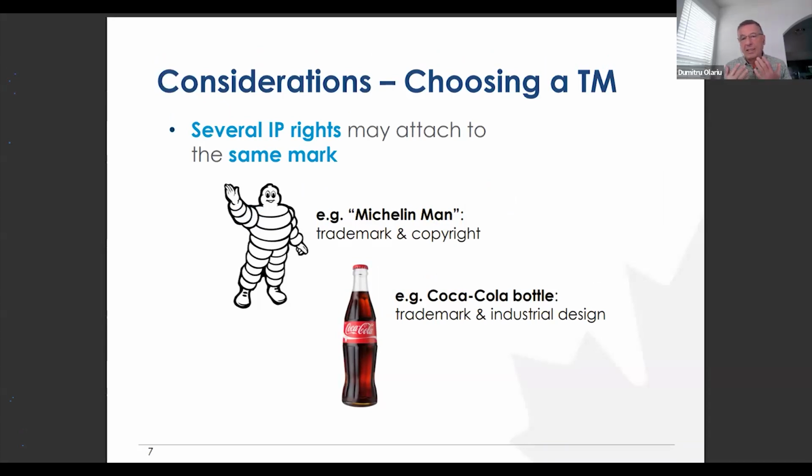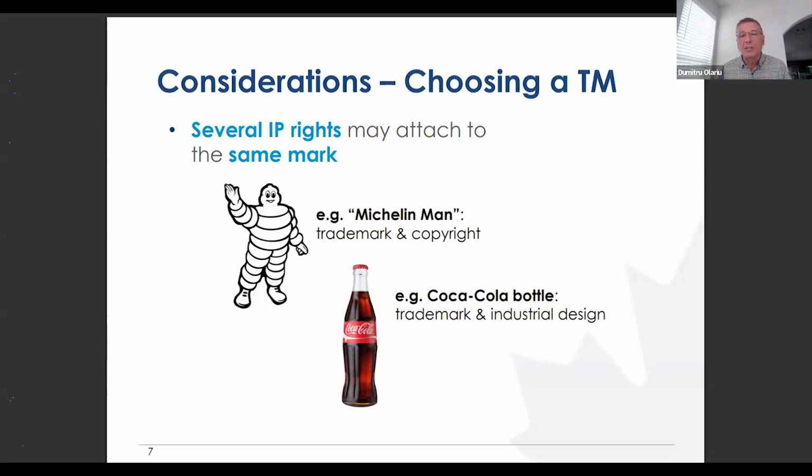But also, because it's an artistic work, the owner of that copyright has the right to stop others from simply copying these kinds of images, regardless of how the images are used, for example, for identifying certain products and services.